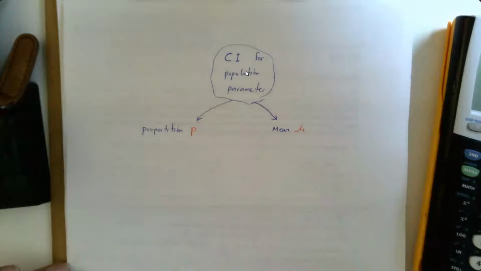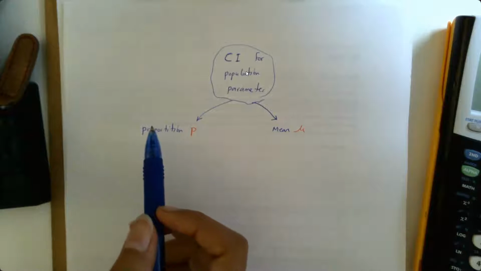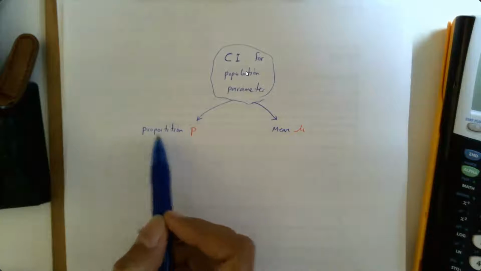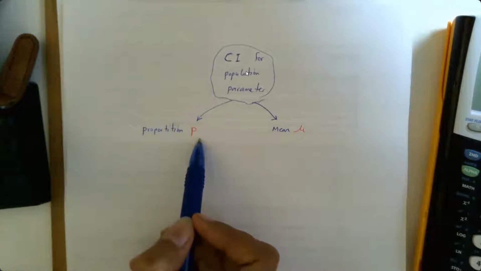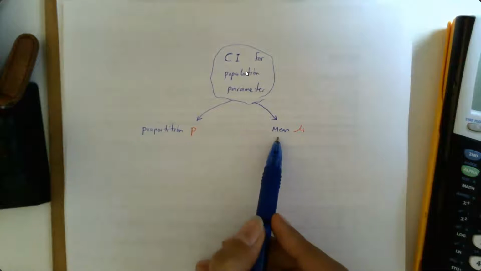So when we read an example, an exam question, a quiz question, first step is to identify if it's about proportion or it's about the mean.